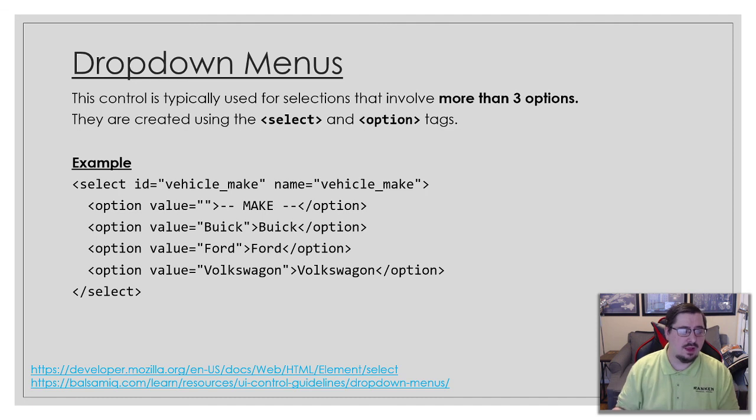If you know them all ahead of time and there's at most 5 of them, then using a radio button might be good. But if you have more than 5, or you don't know how many there will be, because it's probably data dependent on what data is in the database, I would definitely recommend using a dropdown instead of radio buttons.